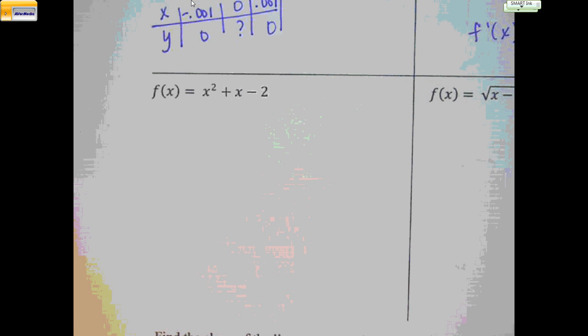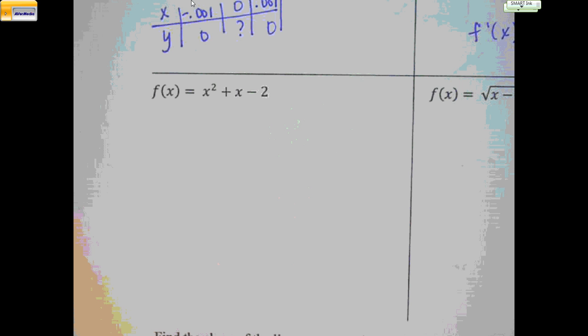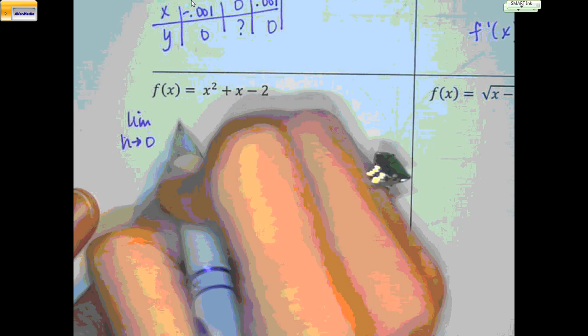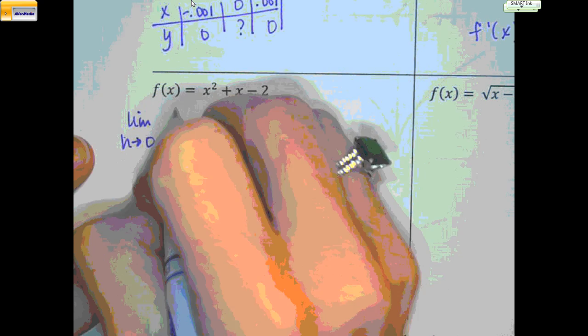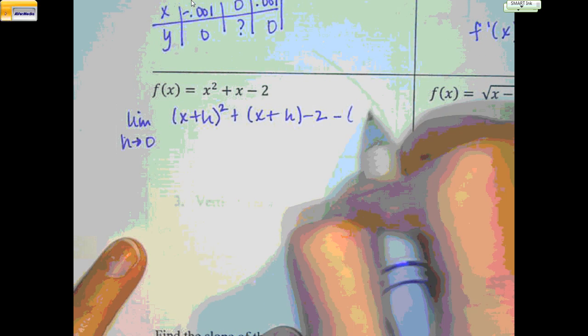Alrighty, let's keep moving. This one's a little bit more complicated. It's got some curve, so it's not like you can just look at the equation and figure it out. We use the calculus. Same process. We say the limit as h approaches 0. Everywhere I see an x, I put in x plus h, and we subtract the function itself.